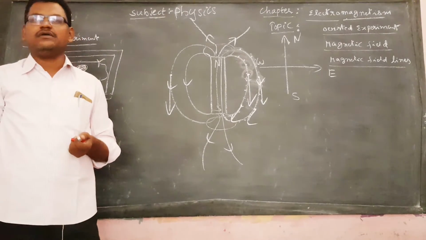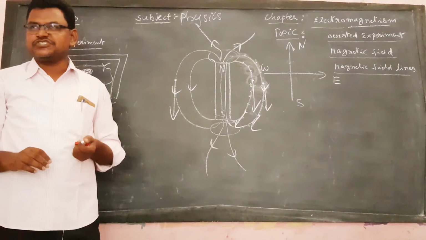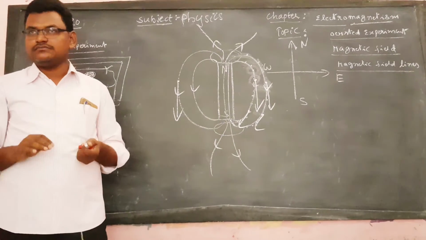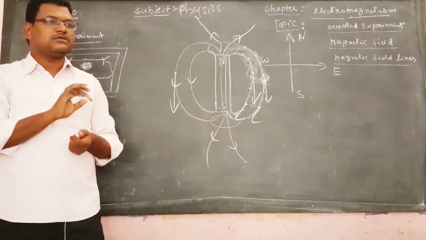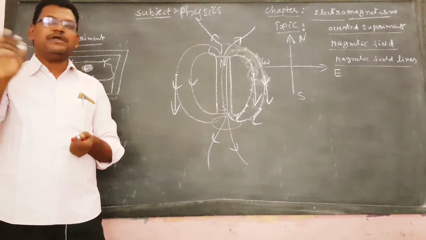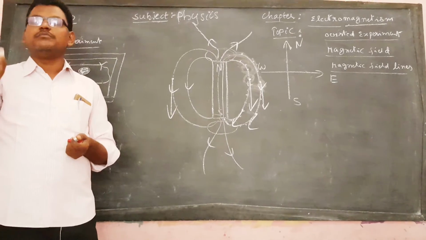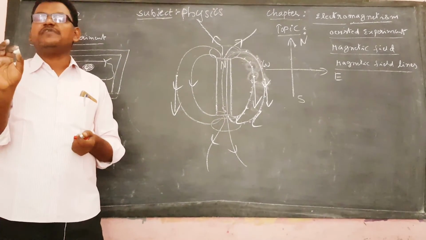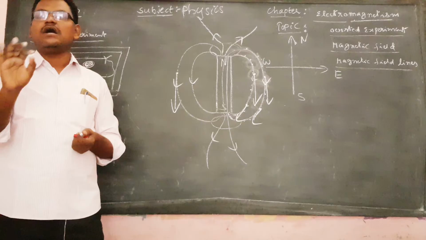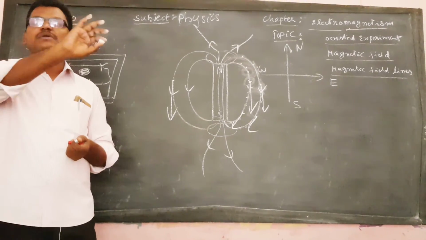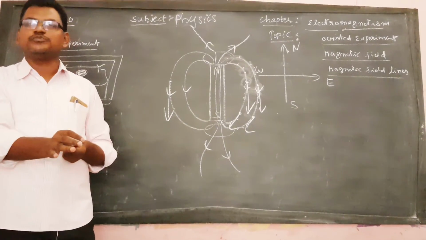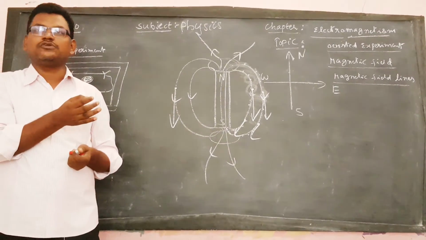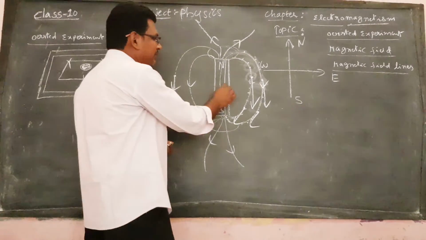We don't say where magnetic field lines start or where they end. So magnetic field lines do not start at any point and do not end at any point. They are closed curves.